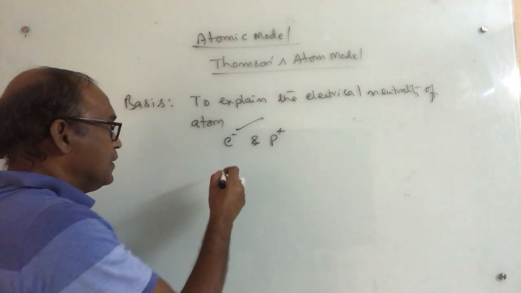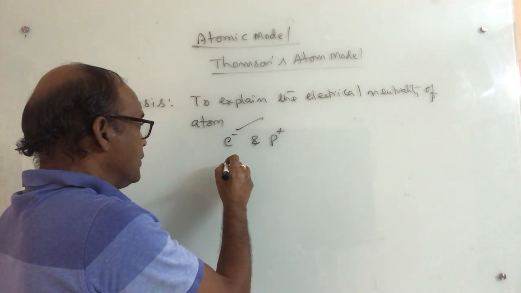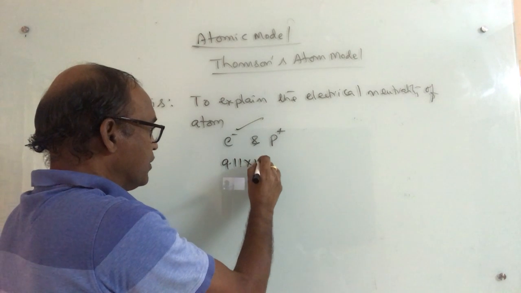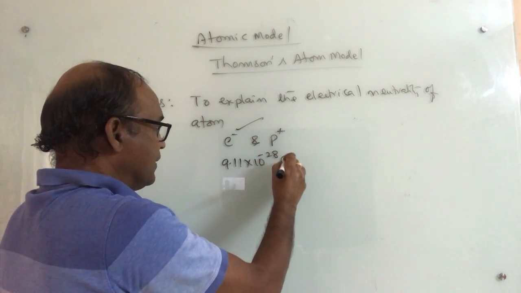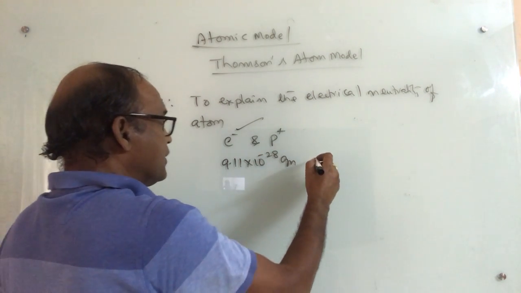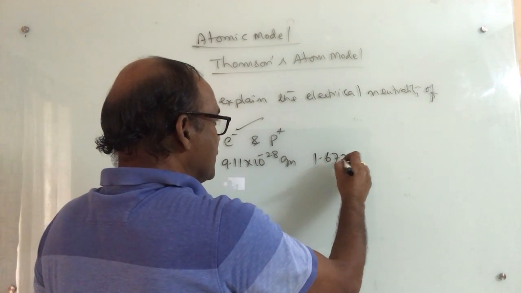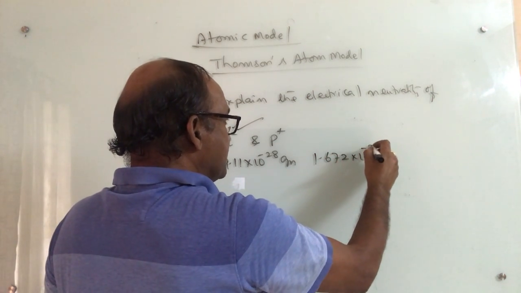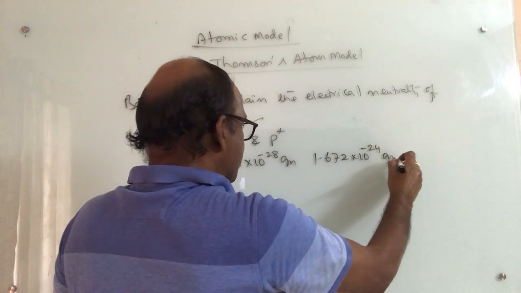And the mass of the electron, as you know, is 9.11 into 10 power minus 28 grams. The mass of the proton is 1.672 into 10 power minus 24 grams.